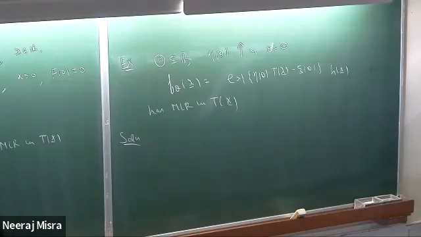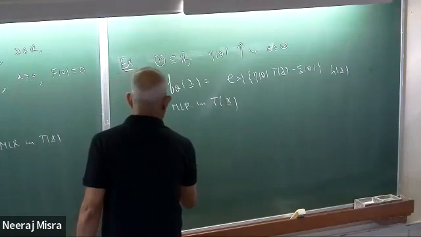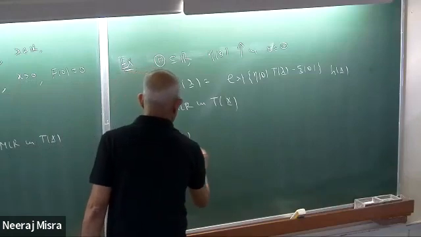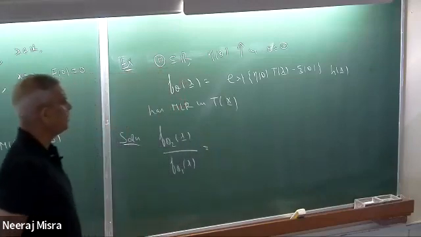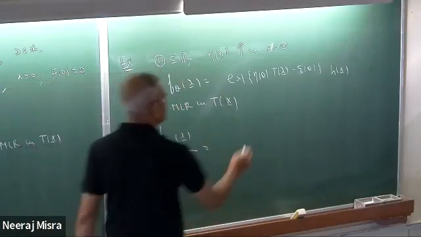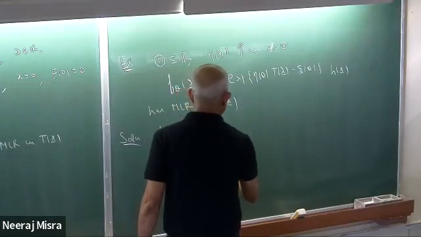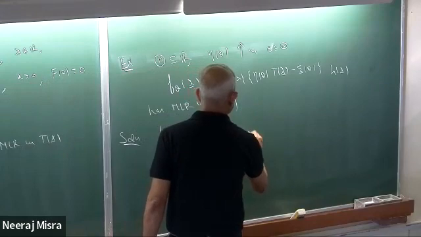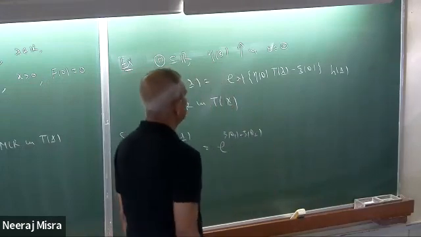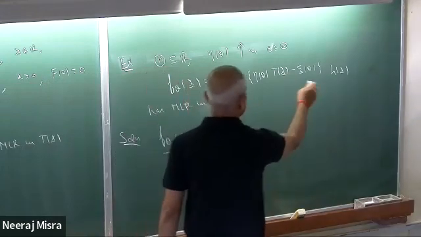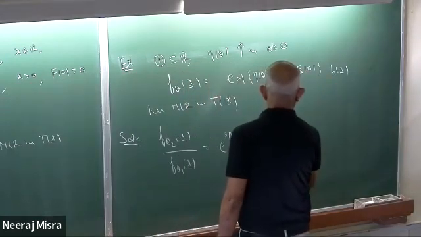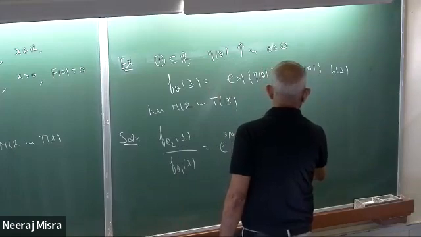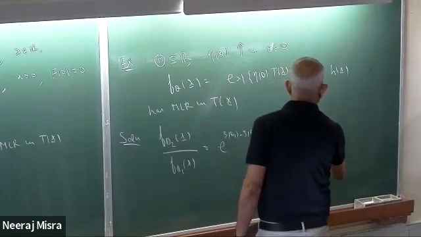Now you can see very easily f_theta2(x) upon f_theta1(x) is nothing but exponential to the power xi(theta1) minus xi(theta2). h(x) gets cancelled, then e to the power eta(theta2) minus eta(theta1) into T(x).